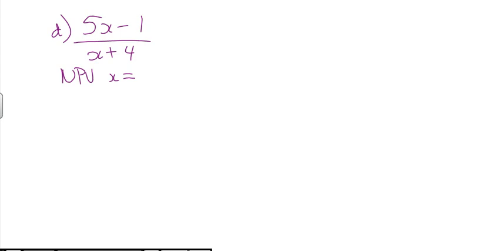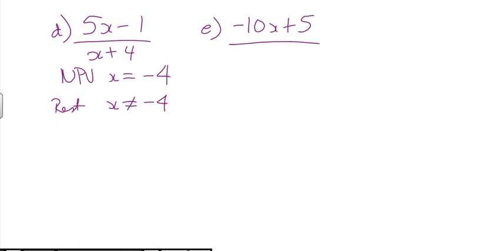What's the restriction? X is not equal to negative 4, right? Restrictions are useful because they say don't do this. Don't make x negative 4. Any other value is fine. Don't make x negative 4.